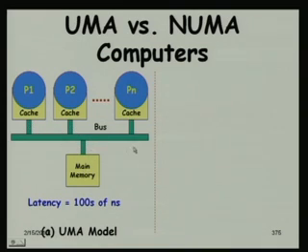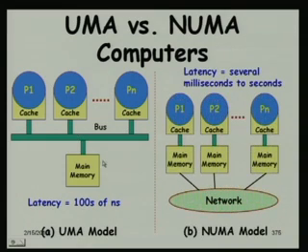The main memory is shared, and they are interconnected by a high speed bus. On the other hand, in a distributed system, we have a non-uniform memory access model, where the different processors have their own cache and main memory, and they are interconnected by a network.